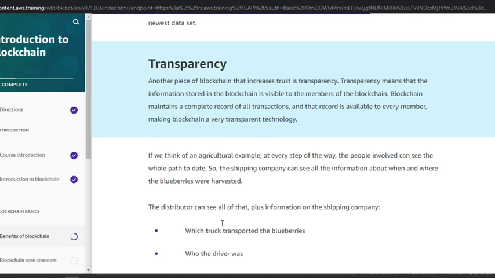If we think of an agricultural example, at every step of the way, the people involved can see the whole path of the data to date. So the shipping company can see all the information about when and where the blueberries were harvested.